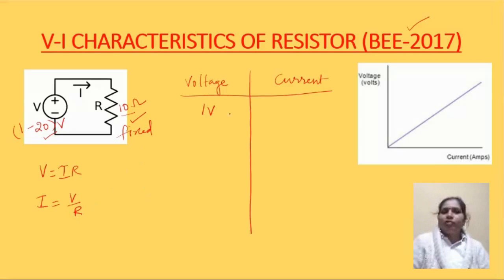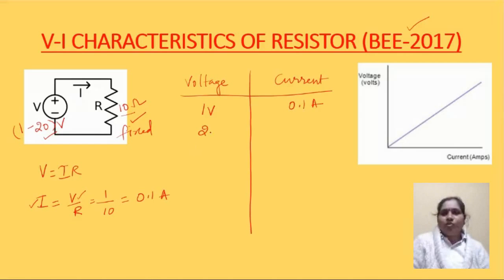By varying the voltage V, we are going to find the value of current I. V is 1 volt right now, so 1 divided by 10 is 0.1 amperes.